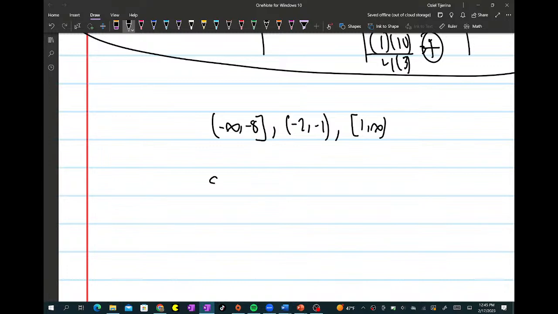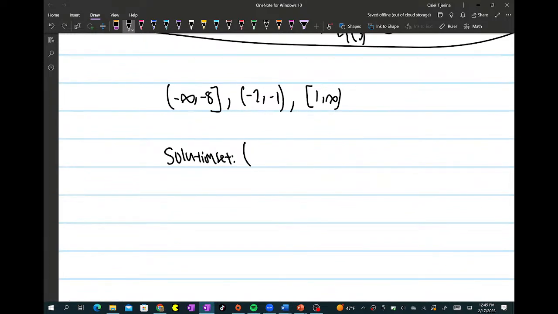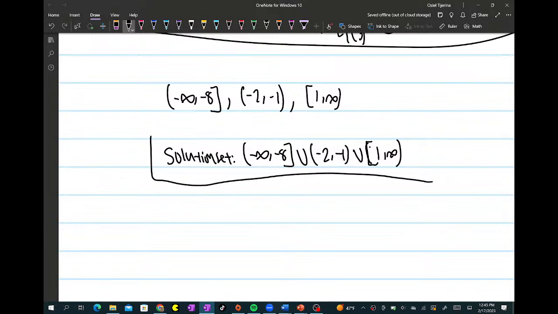So the solution set would be negative infinity to negative 8, union negative 2 to negative 1, union 1 to infinity. And this, guys, is the final answer for this one.